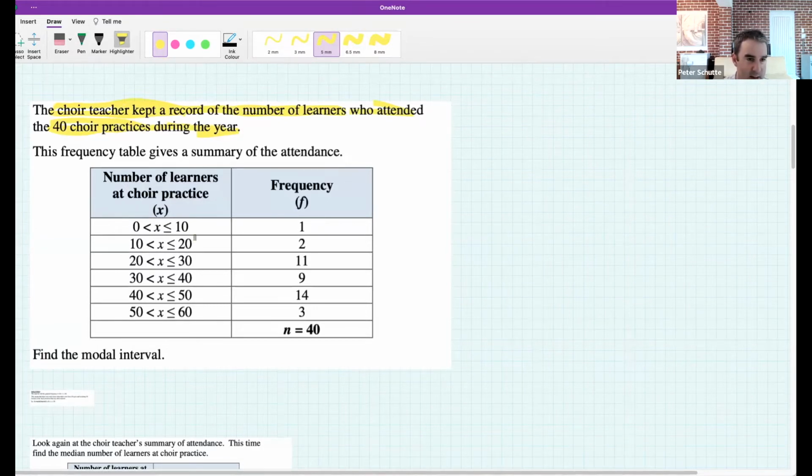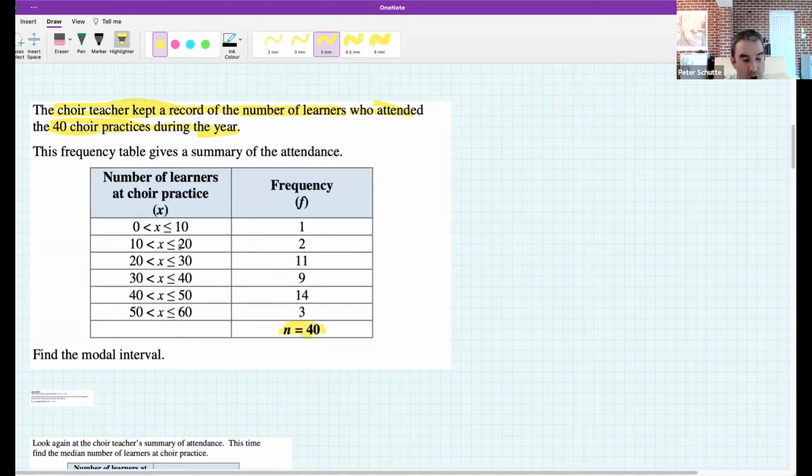Maybe there was something fun happening outside. No one wanted to come to choir that day, whatever. Then there were 2 occasions in the year where between 10 and 20 people came to choir practice. There were 11 occasions of the year where between 20 and 30 students came to choir practice. Now, what you'll notice is that the total frequency has to be 40 because the number of choir practices is 40.